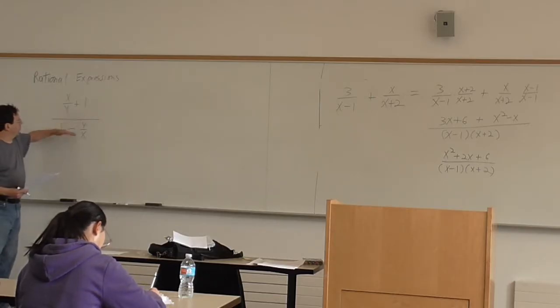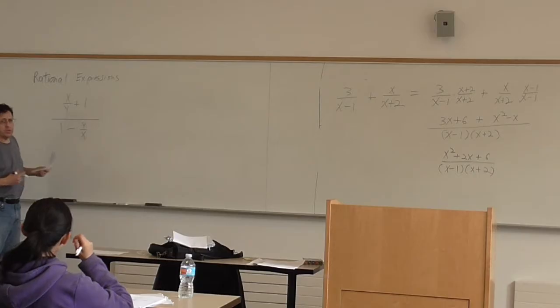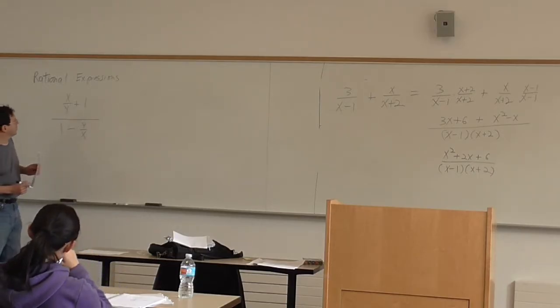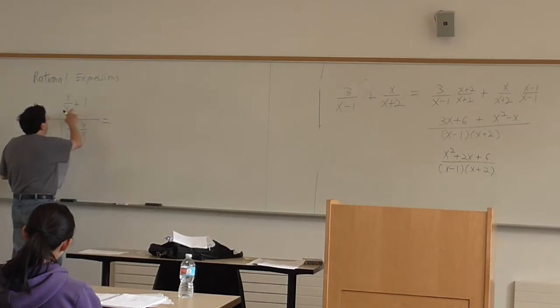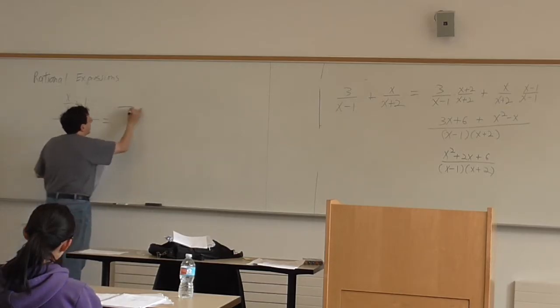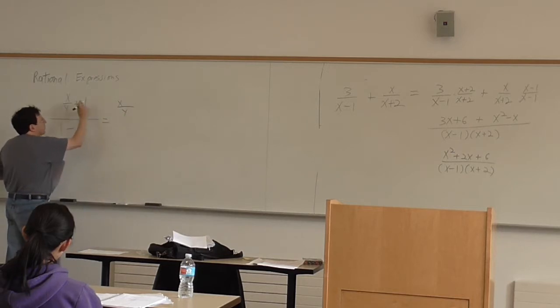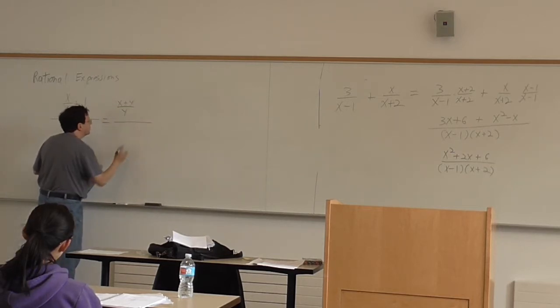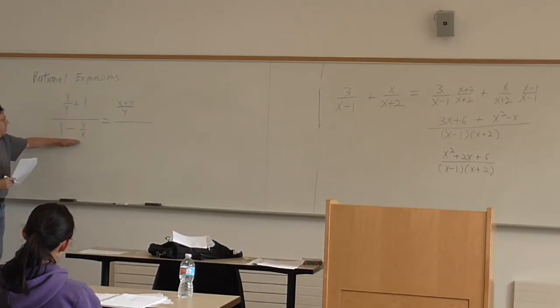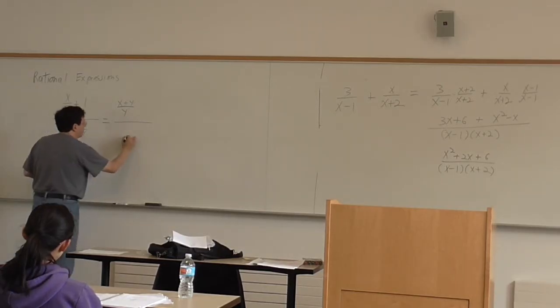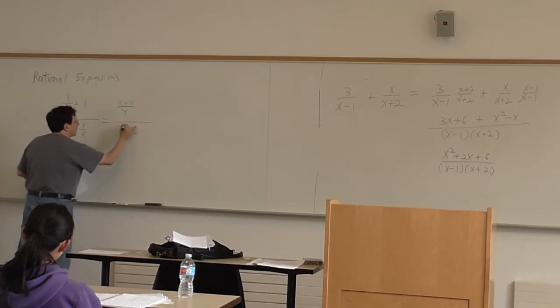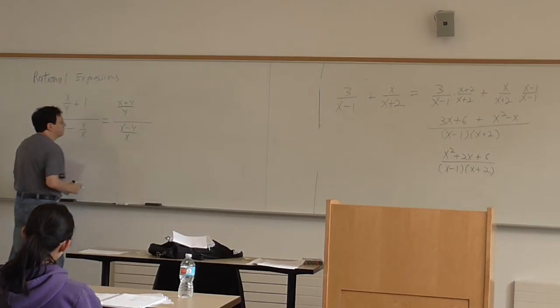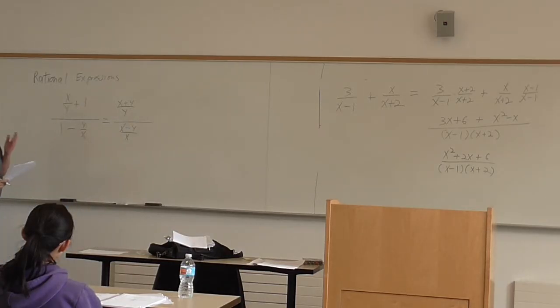So in both the numerator and the denominator, we have sum or difference of fractions, so we need to put things over a common denominator in each case. So on the top, the common denominator is y. So we have x, but then this is going to be plus y. Here, the common denominator is x, so we're going to have x minus y. And now we're dividing fractions, so we multiply by the reciprocal.